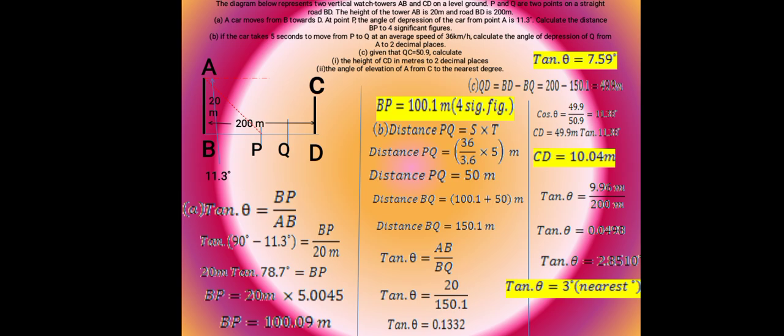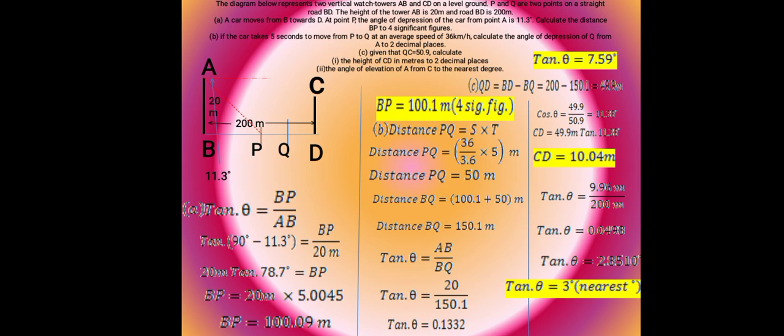Now let's take tan theta as AB over BQ. We have been given AB as 20. We have found BQ as 150.1. So tan theta becomes 0.1332.